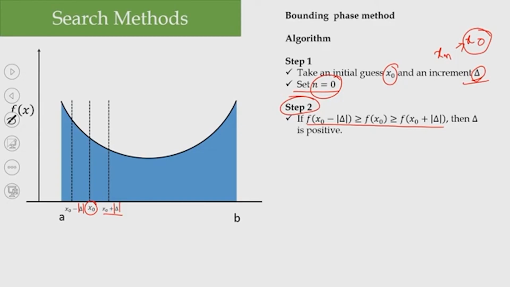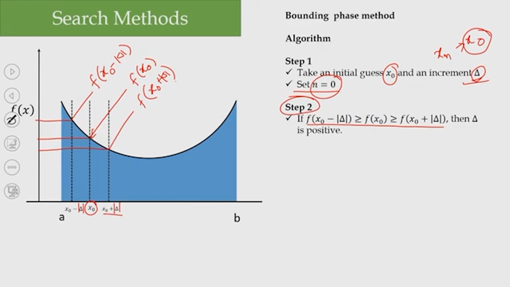You can see this is the value of f of x naught minus delta, this is the value of f of x naught, and this is the value of f of x naught plus delta. I can find out these values from the y axis.